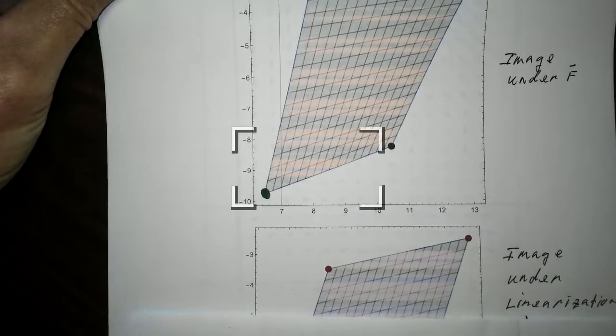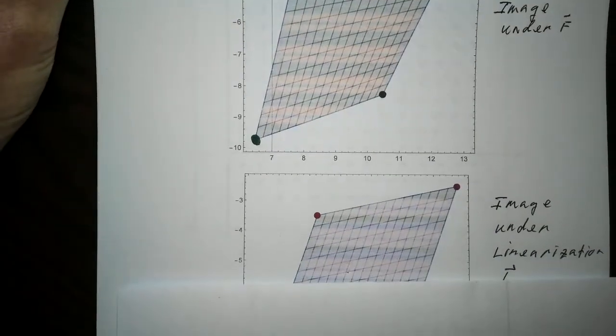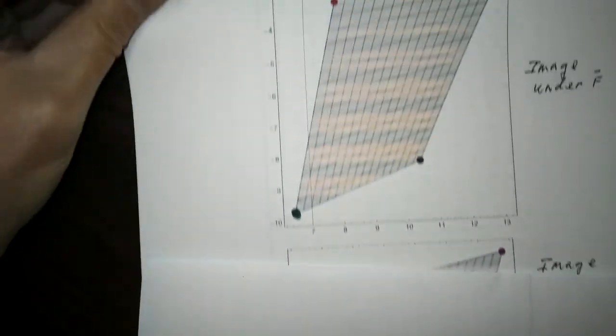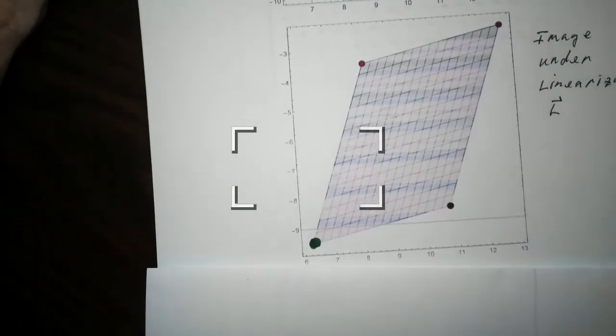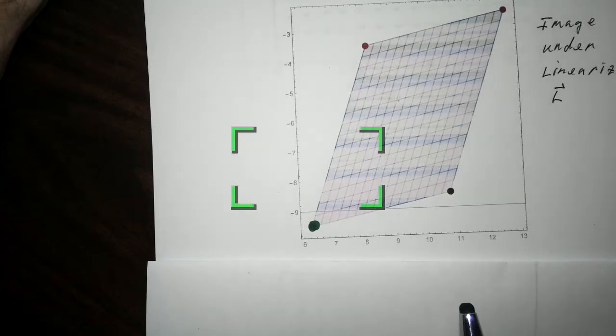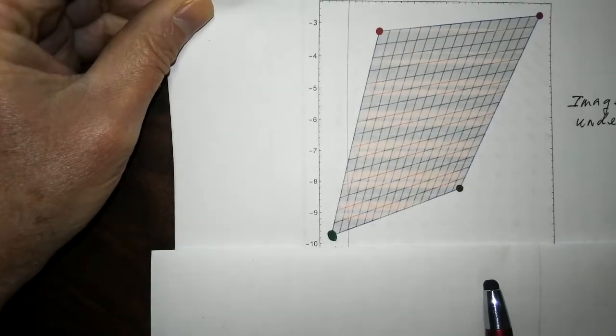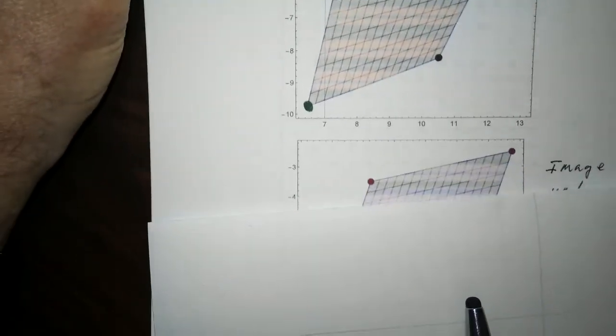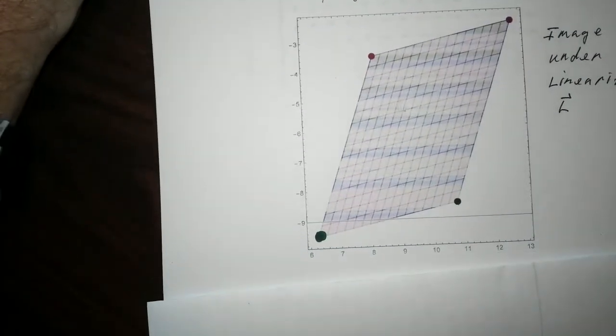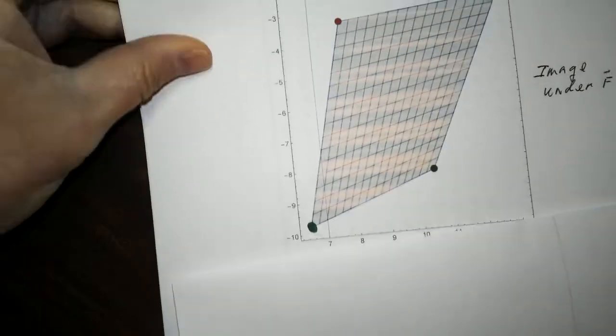And on a small window, they look pretty close. Now this isn't really that small a window. Well, it sort of is. The input window went 0.5 in each direction around 2, 1. And so we see the output windows are stretched a little bit from that.